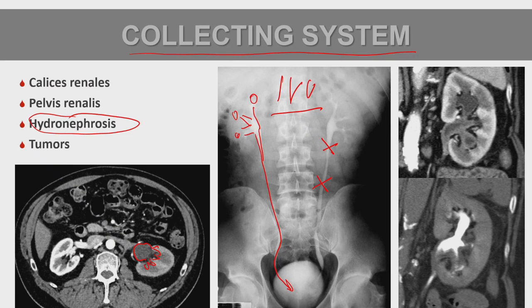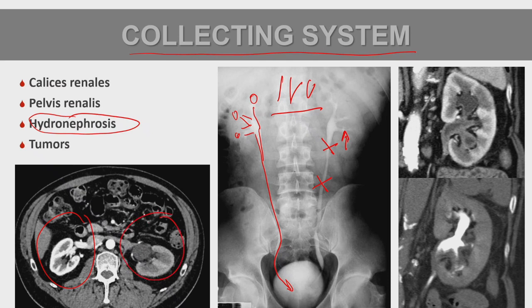So when you have an increased pressure in a collecting system, then the renal function is reduced and also the perfusion is decreased, because you need higher pressure to maintain the same perfusion like before. To document this, you can see it here on those two kidneys.